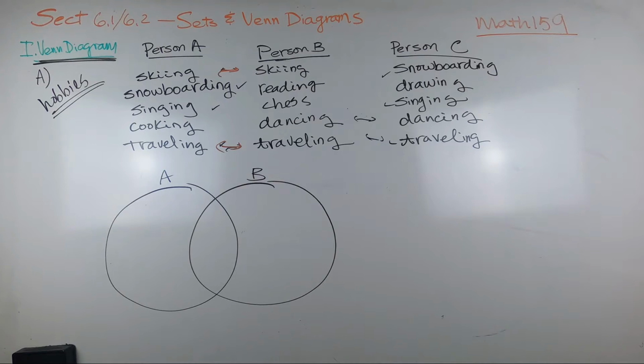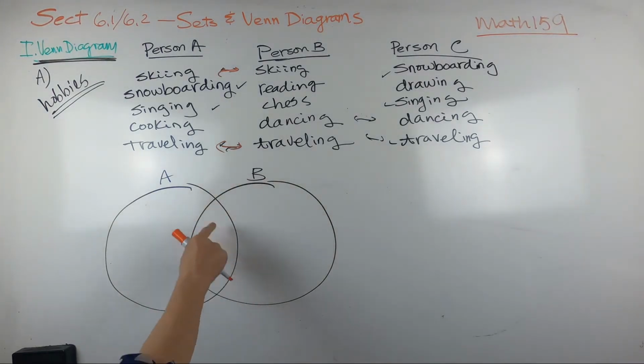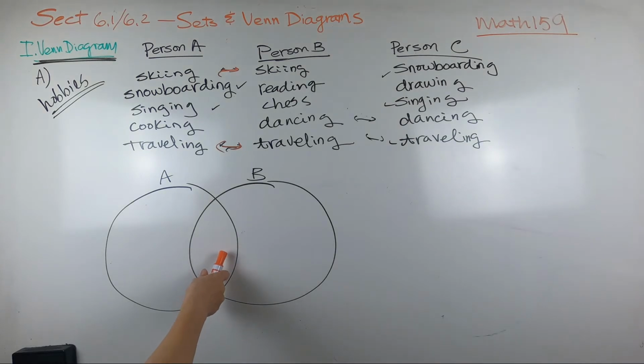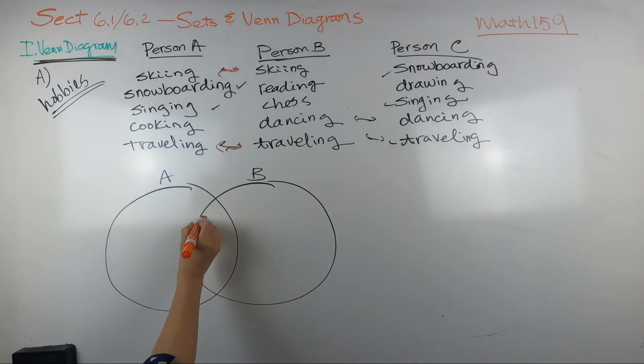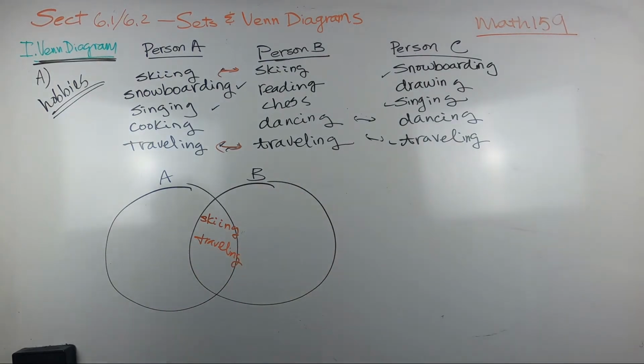So what do we do? With two circles, what does the part in between mean? It's for both of them. So we can write down skiing and traveling here, since both do that.